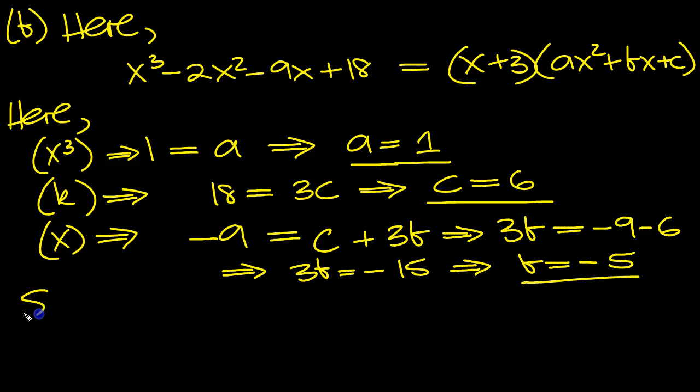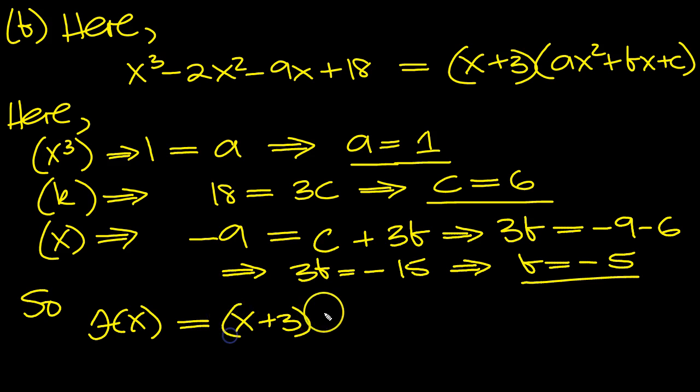So f of x, the cubic in the question, is equal to x plus 3, and then it's a, which is 1, so it's x squared, plus bx, which is minus 5x, plus c, which is 6.